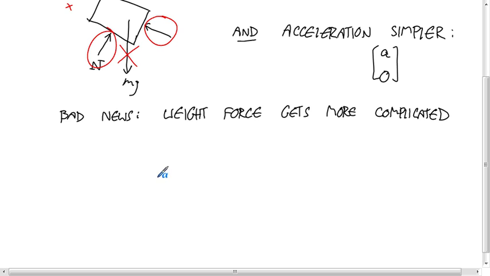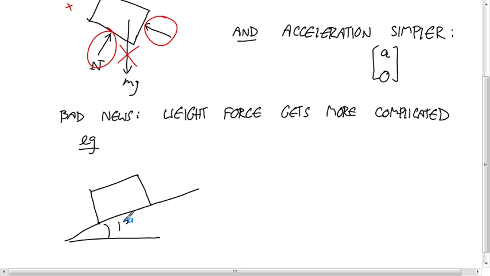So let's imagine a problem like this, where this incline is 18 degrees. And let's say there's a force acting down of 200 newtons. It's not acting straight down, it's acting perpendicular to the surface.